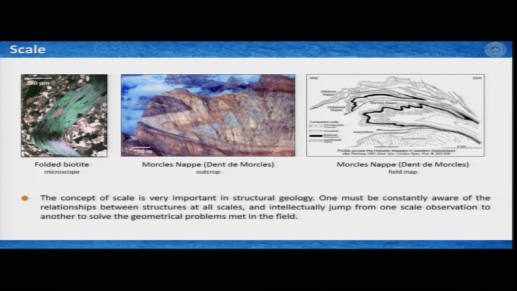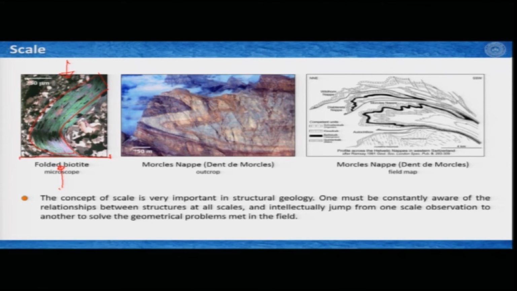Now in these three images, in the first one you can see that the width of the image from the scale given is about 750 microns. In this 750 microns, from here to here approximately, what you see, this green material is an aggregate of biotite mineral, which is a kind of mica. And you can see this biotite is not straight here, it is folded. So there must be a layer parallel compression here.